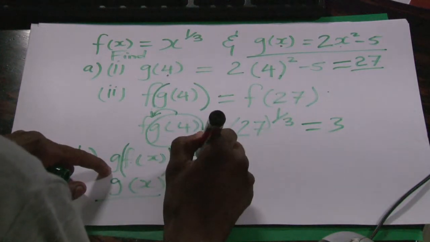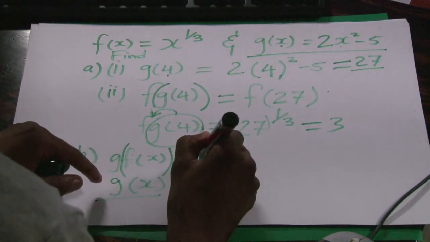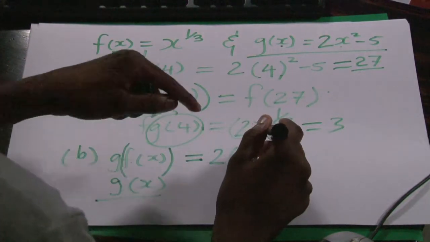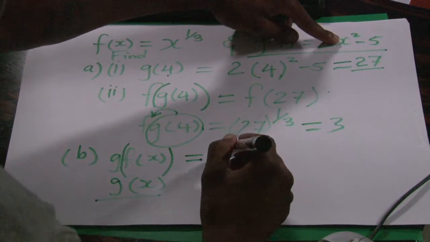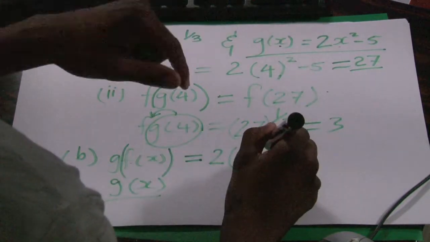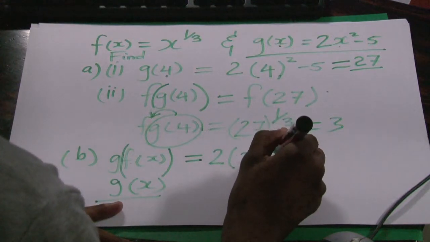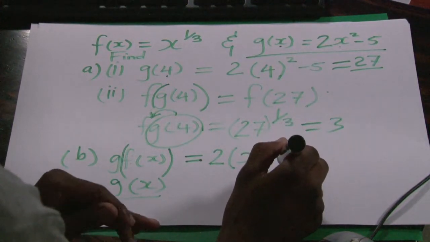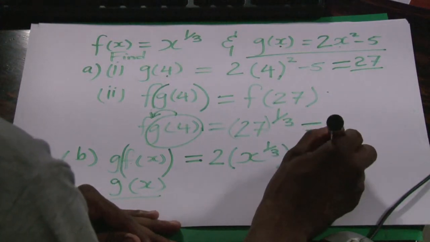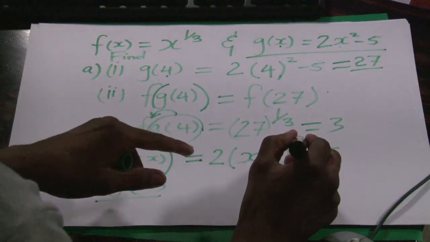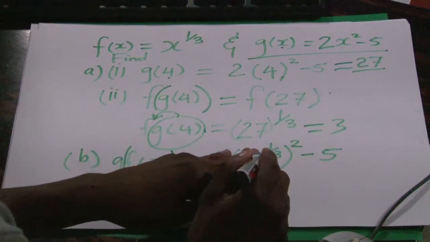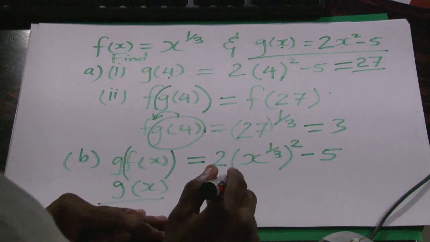So this is going to be 2 brackets. I see an x here, so at this place I'll put the whole of f of x, which is x to the power of 1 over 3, and then minus 5. I forgot something. The x that is here is squared, so you must square it.